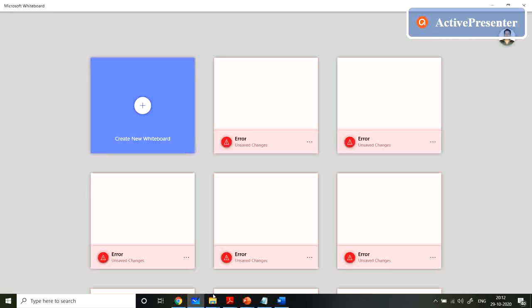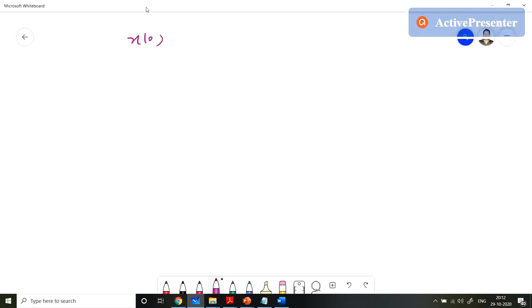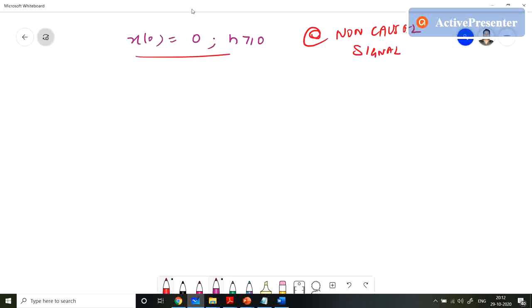Now what is x[0]? x[n] is 0 for n greater than or equal to 0, since this is a non-causal signal. And x[-1] is equal to minus a raised to the power minus 1, x[-2] is equal to minus a raised to the power minus 2.